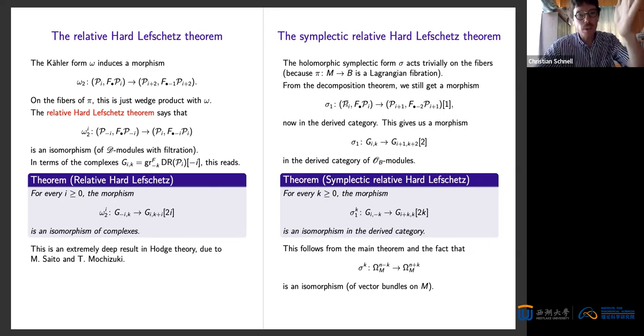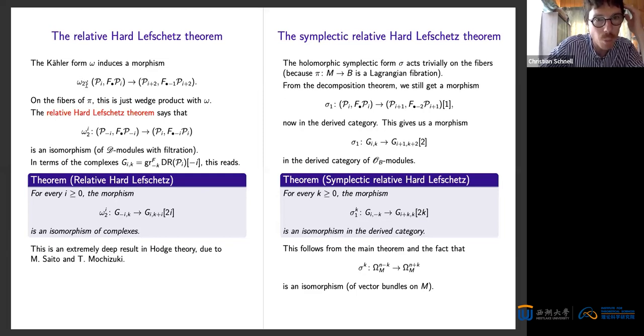only in degree 1 along the fibers, and if you want, degree 1 also along the base. When I restrict sigma to the fibers and act by degree 2 along the fibers, that's trivial, but then I can take the next best thing, which is degree 1 along the fibers, degree 1 along the base. This will be a map that maps P_i to P_{i+1}, but with a shift, and then it changes the degree of the filtration by -2, because now this is a holomorphic 2-form.